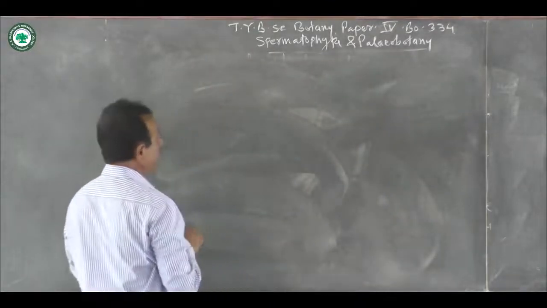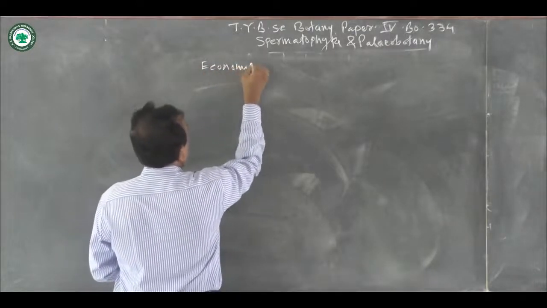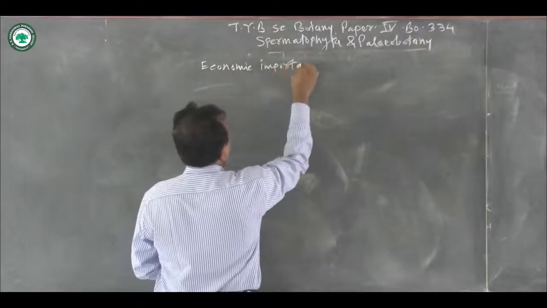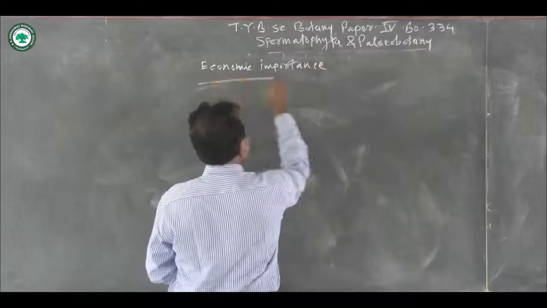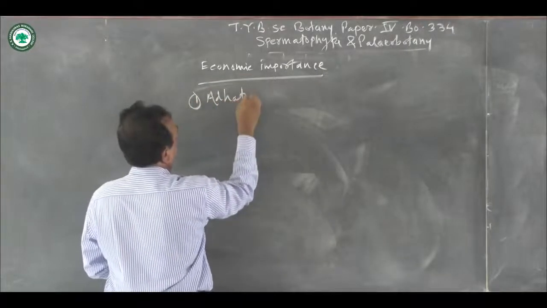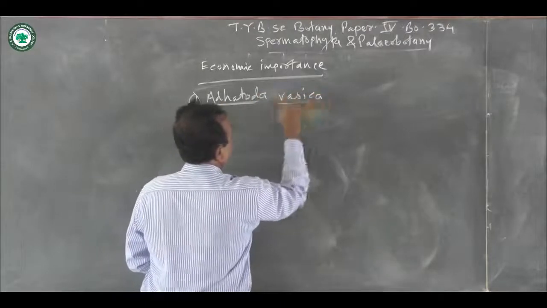Now let us see about the economic importance of the family. So the first plant is Adhatoda vasica.